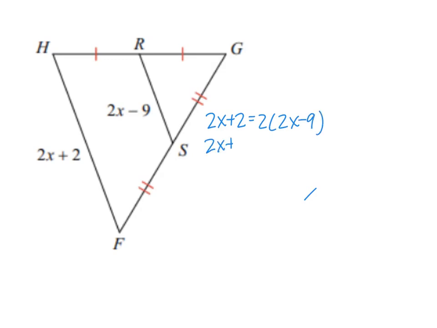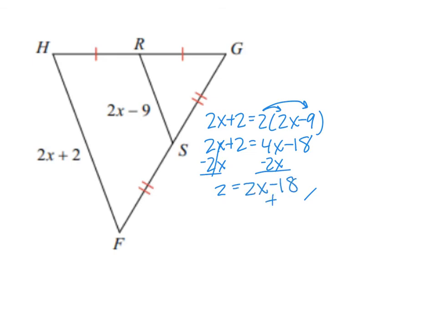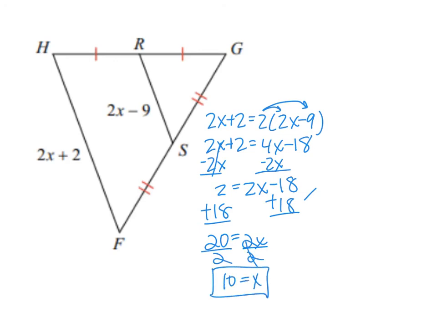And then we just simplify it from there. Make sure you distribute that 2 to both terms. We're going to subtract 2x from both sides. Add 18. So x equals 10.